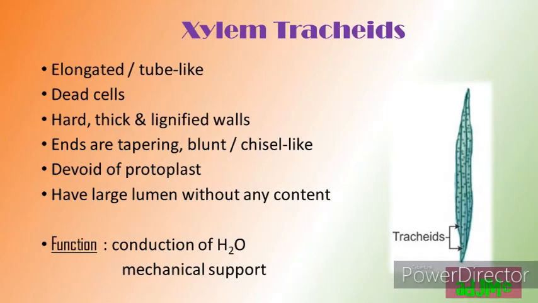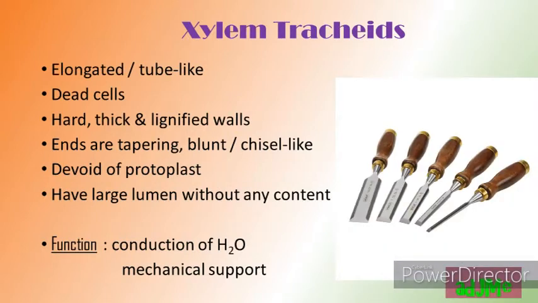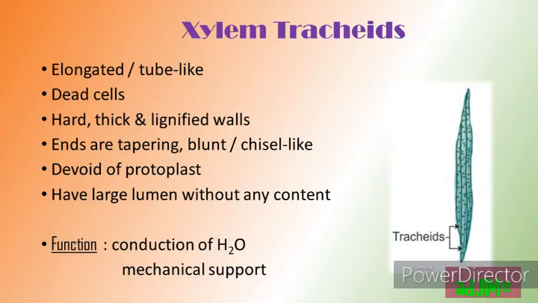Chisel, in Tamil, is called uli. You come across this chisel being used by a carpenter or sometimes a mason, who uses it to break or bring a wall or wood into shape. Like that the ends are tapering, so that's why they are called chisel like.